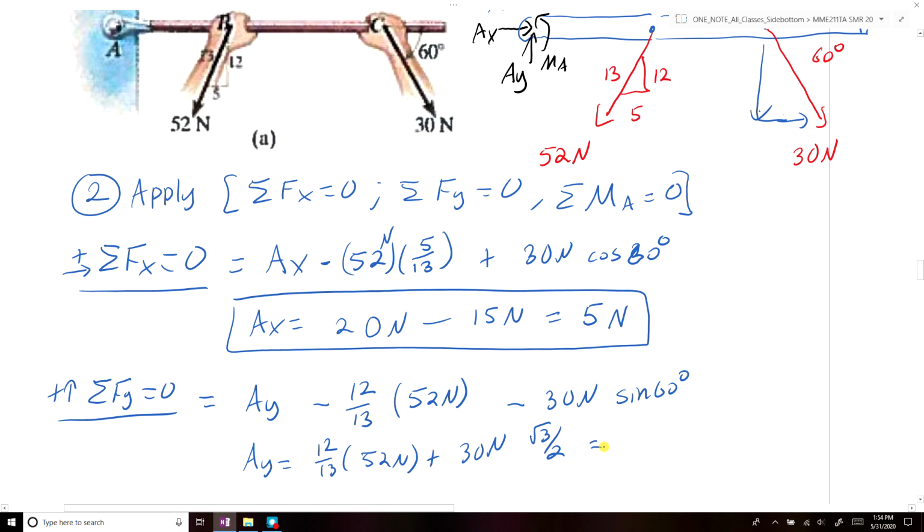If we add all those together, what we end up getting is 73.981 newtons, which is about 74.0 newtons.